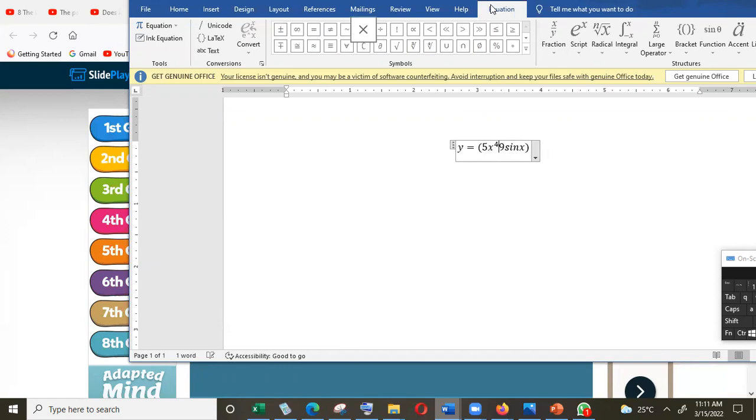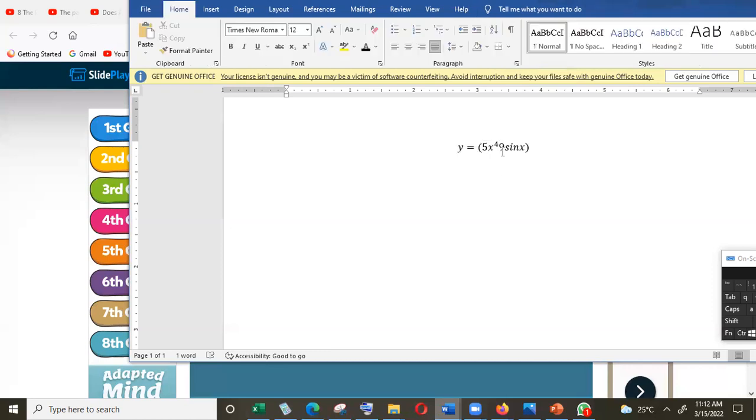You have the dot in the middle, not a decimal, the dot in the middle. And you also have the star, or you don't have anything at all. So now you cannot apply the sum rule here.